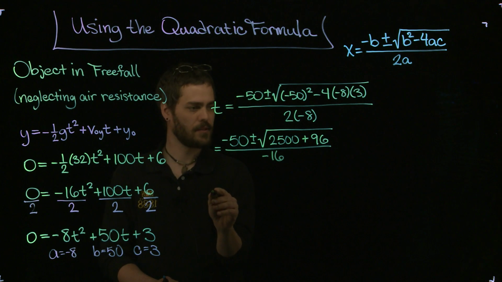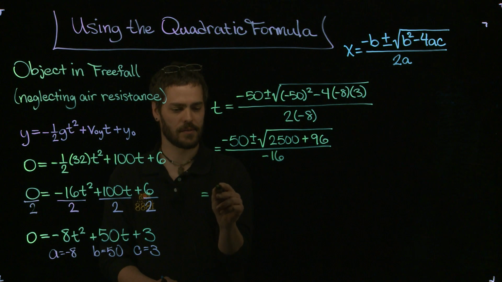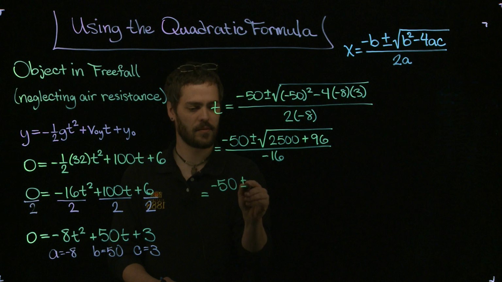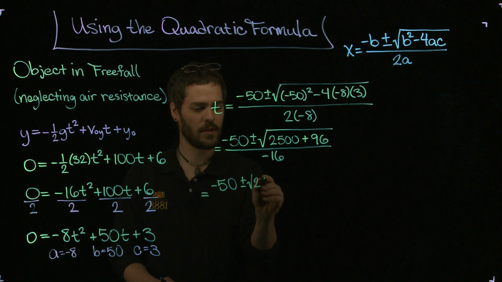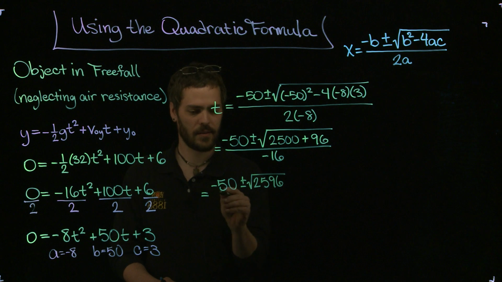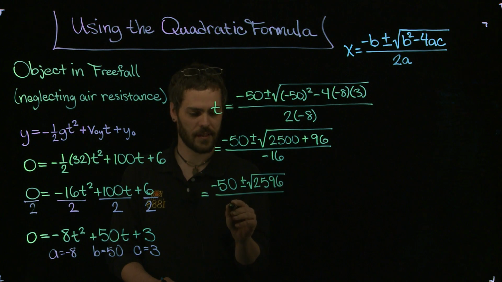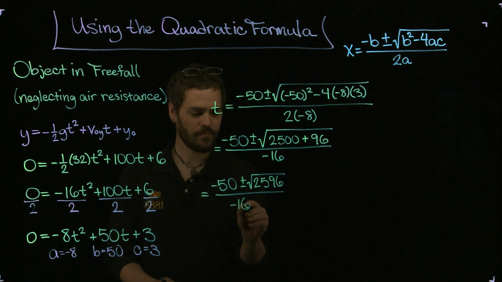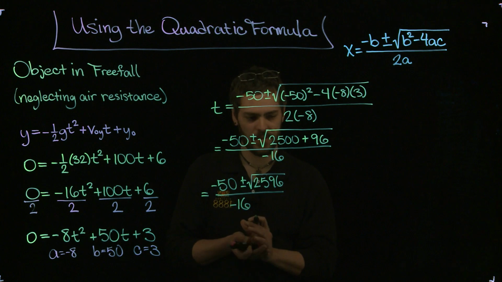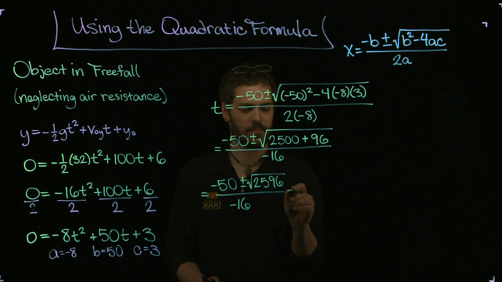And I'll just keep going. Try to conserve a little space here. So that's -50 plus or minus the root of 2,596 all over -16. And I think at this point, I'm going to go ahead and separate this into 2 different values.